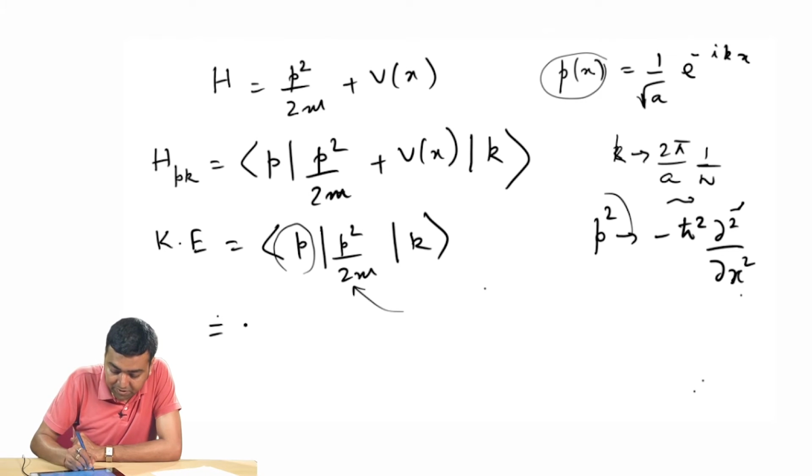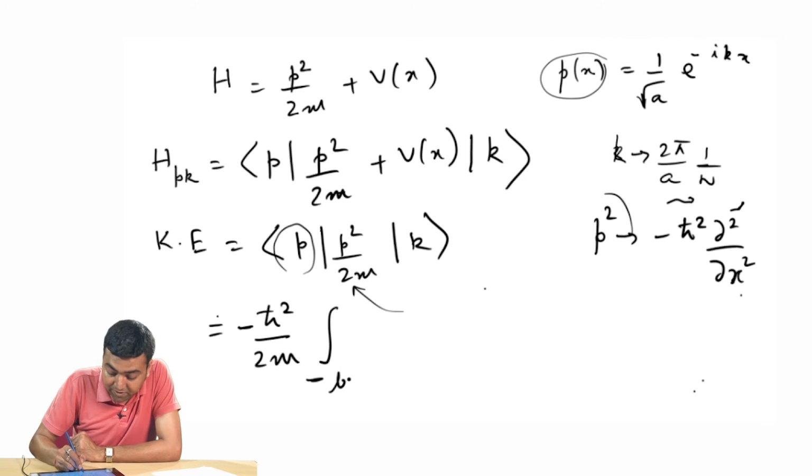I am taking the constants outside the integral. So, minus h cut square by twice m is a constant, and then what I need to integrate is over the whole length of the box, that is minus b by 2 to plus b by 2.